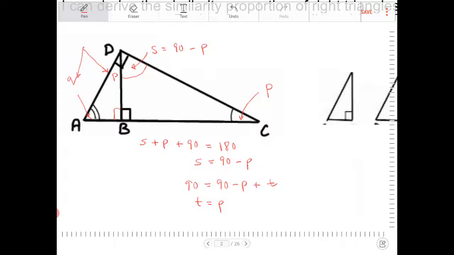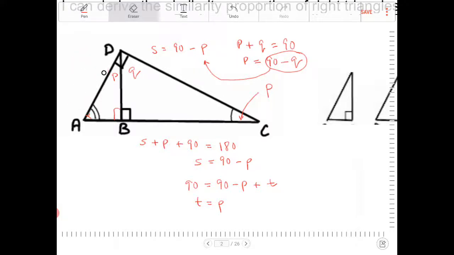So if P plus Q adds up to 90, then P is equal to 90 minus Q. If I make that substitution, S will turn out to equal Q. So in other words, this angle over here should also equal Q. All of these angles are deserving of the same tick marks. This angle over here is deserving of two tick marks because that's really angle Q, and this angle is deserving of one tick mark because that's angle P.